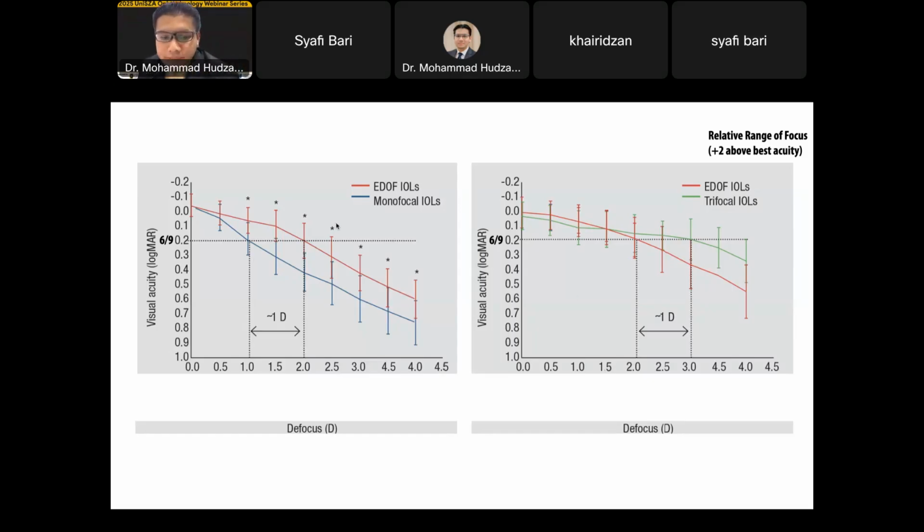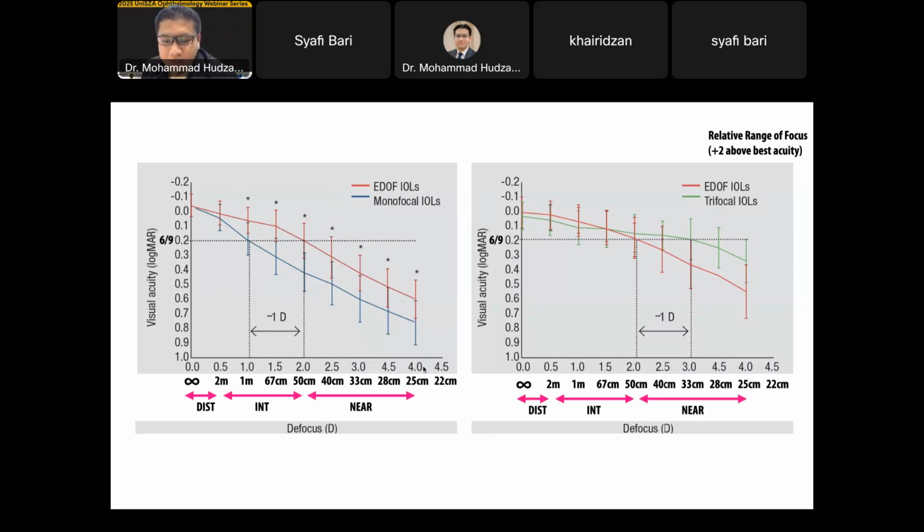So if we see here the graph on the left, the same principle applies. Just looking at the defocus diopter at the x-axis, we can basically understand that this minus power is representing different ranges of vision.